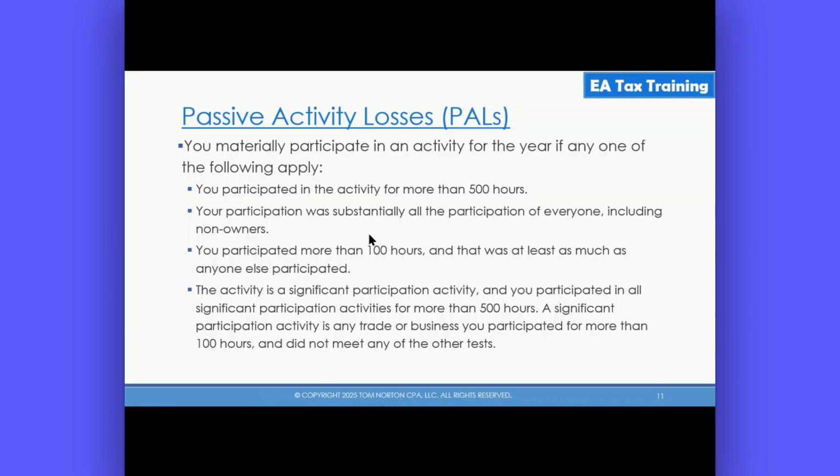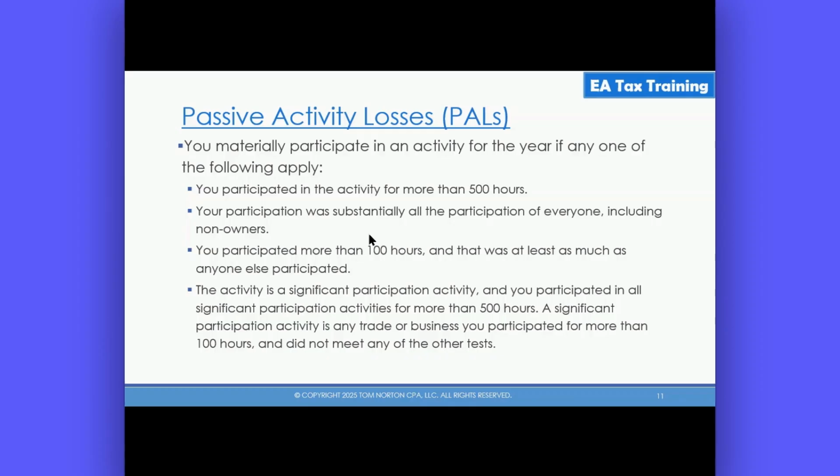Or if the activity is a significant participation activity and you participated in all significant participation activities for more than 500 hours. A significant participation activity is any trade or business you participated in for more than 100 hours and did not meet any of the other tests. So let's say you've got multiple businesses that you are involved in. You don't put all of your time into any one of those activities, but you put in more than 100 hours into each of them.